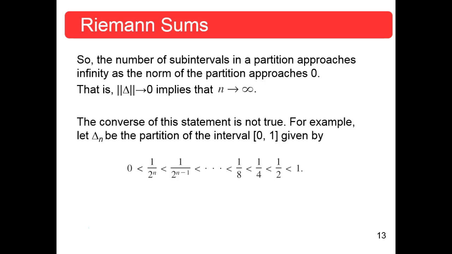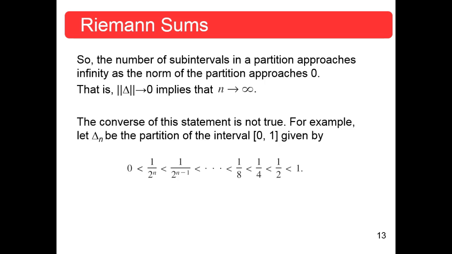For instance, let the norm of n be the partition of the interval 0 to 1 given by this: 1 over 2 to the n, 1 over 2 to the n minus 1, keep going until you get up here. So that's 1/2 to 1.